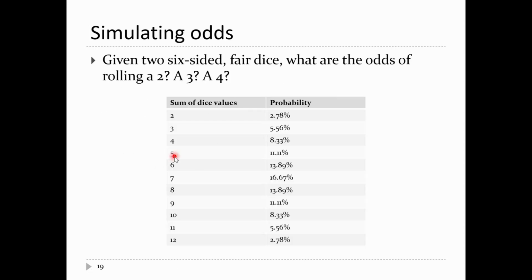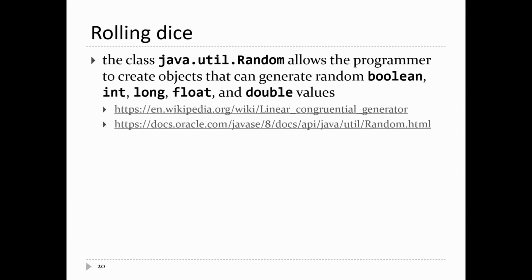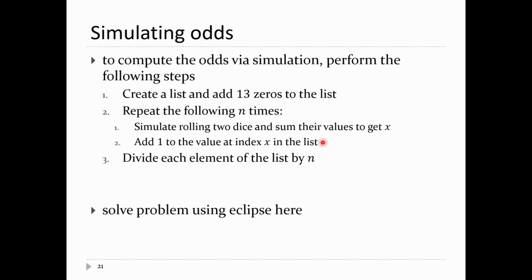I go into my list and look at the element at index 5, which is the number of times I've rolled a 5 so far. I get that value, add 1 to it, and put it back into the list. So add 1 to the value at index x in the list.